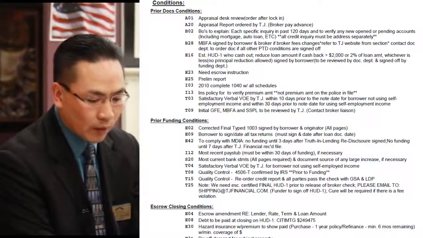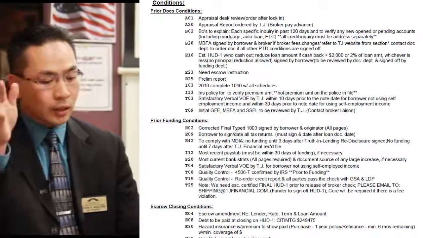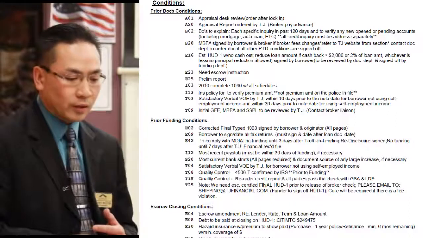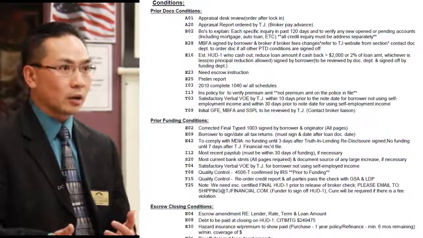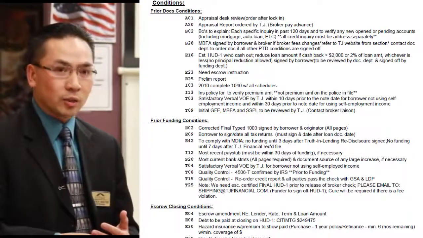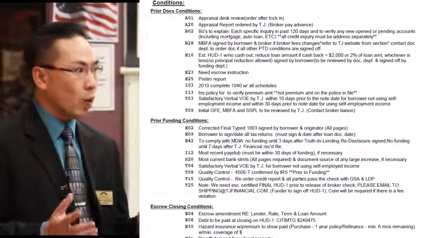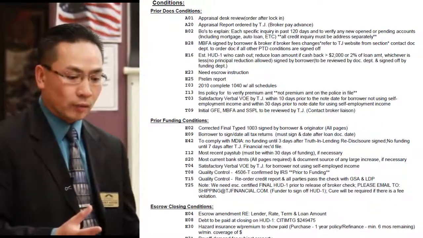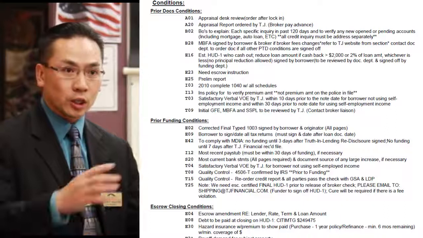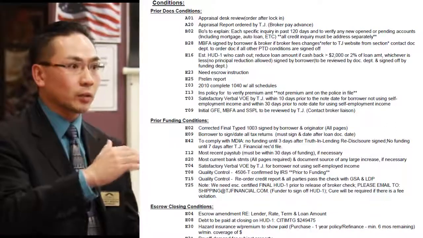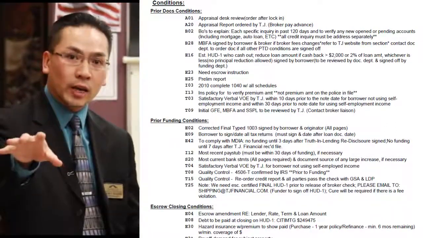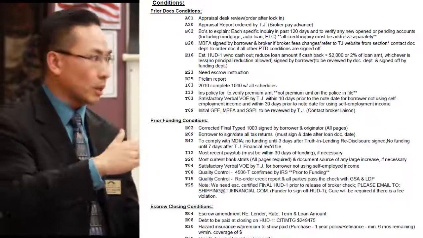Quality control, the 4506-T. Some lenders, for example, I believe GMAC, which is now Green Tree, along with CMG and a few other lenders, will require you to actually order the 4506-T, which is the tax transcript of your tax return. They verify directly with the IRS, not just a piece of paper that the borrower will submit.